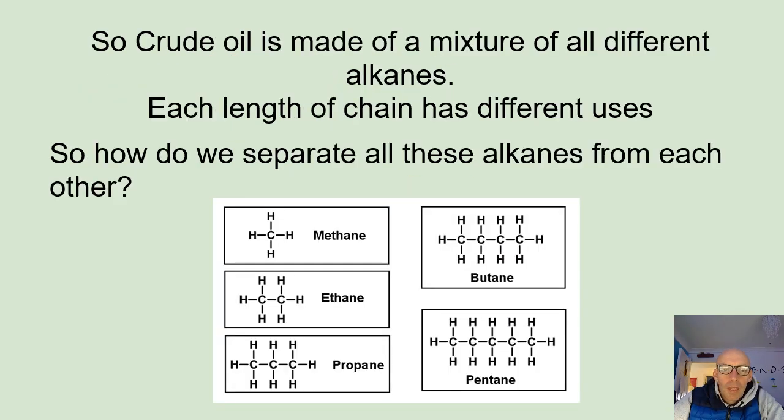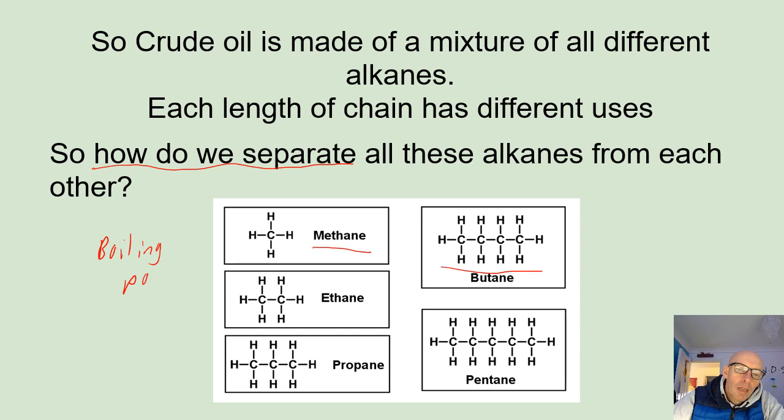So how can we separate them from each other? What we were looking at before was we have the shortest chain, methane, and then a longer chain here, butane, and they get longer and longer. And all these different chains have different properties. And the property we're looking for here is their boiling point.